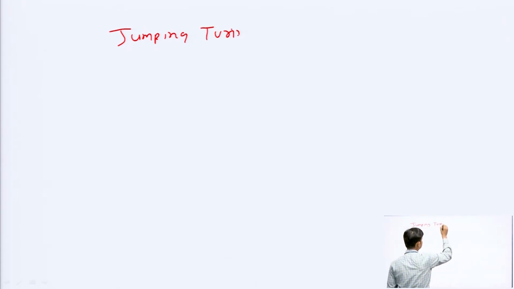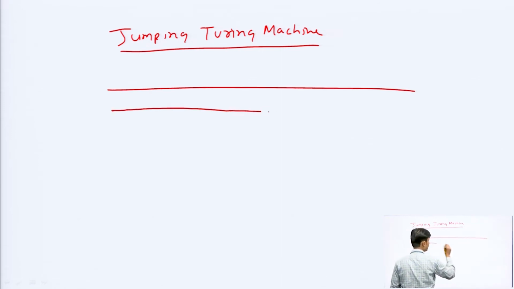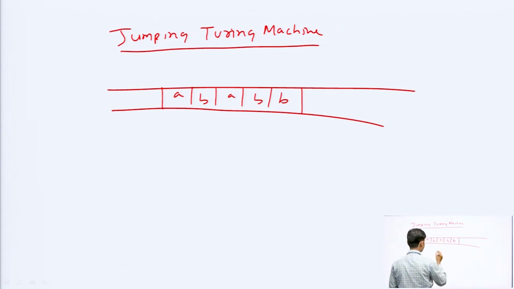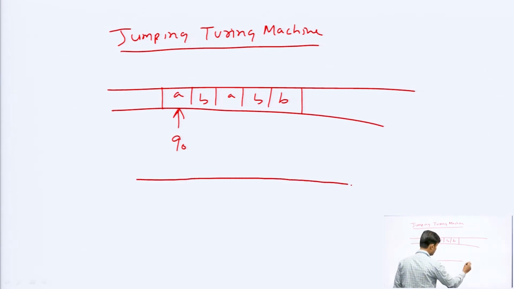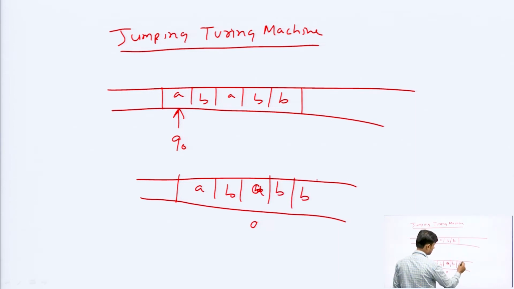Here suppose we have an input like A, B, B, suppose Q0 is there. It can be jumped like that, this is A, this is B and this is B.